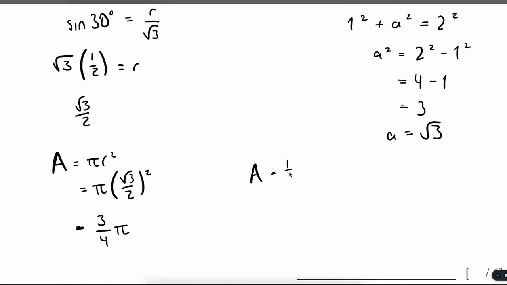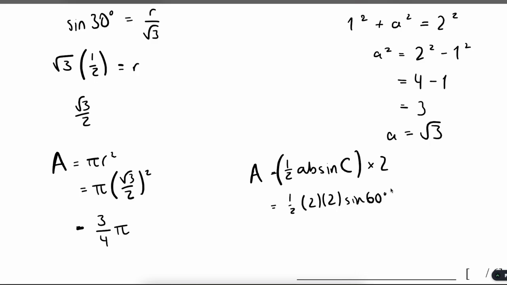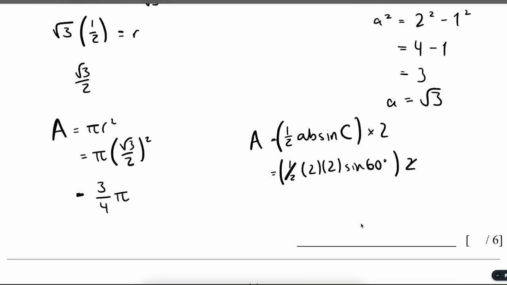So we're going to use half ab sine C, and that's going to times by 2. So we've got half 2 sine 60 times by 2, so we can cancel the 2 and the half. We get 4 sine 60, which is equal to 4 root 3 over 2, which is equal to 2 root 3.